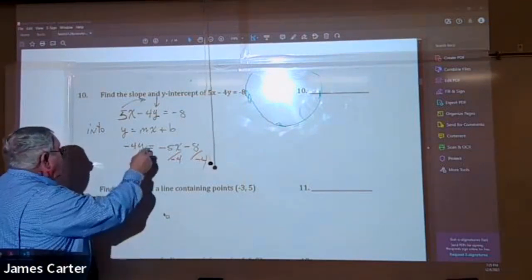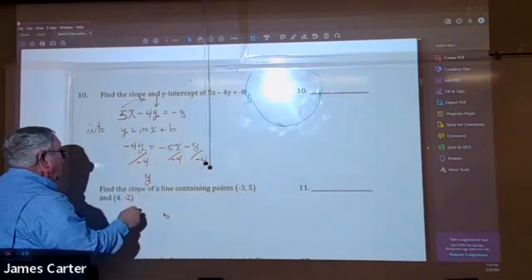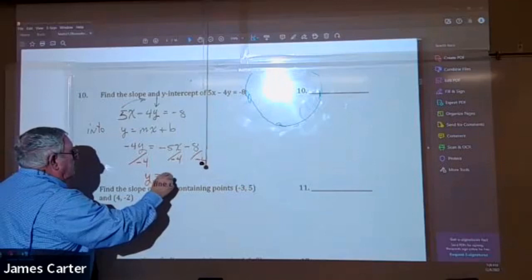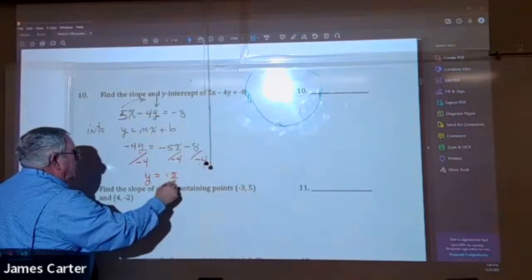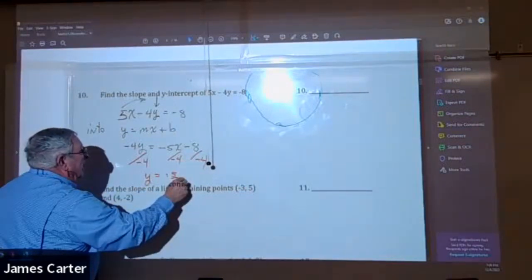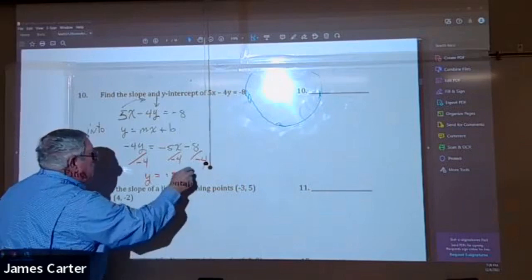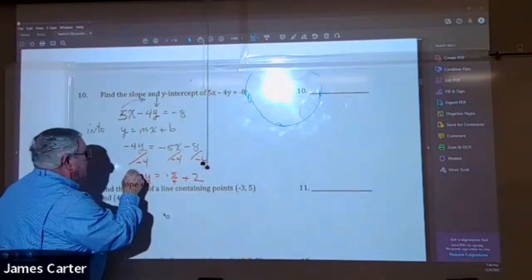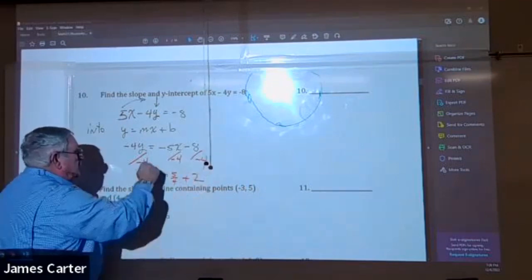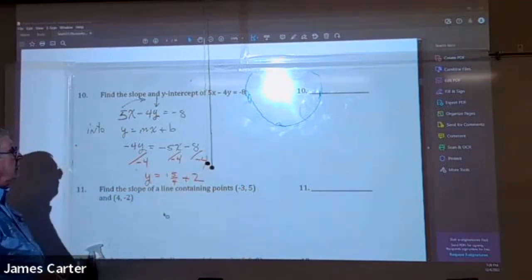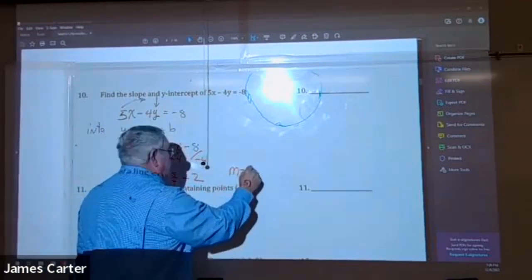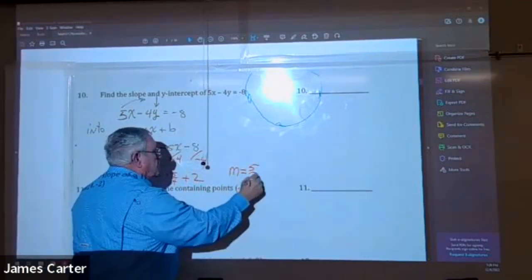Okay, so what do I end up with here? I end up with 1y equals +5/4 x plus 2. So in this case, this equation is not my answer. My answer now is m equals 5/4.